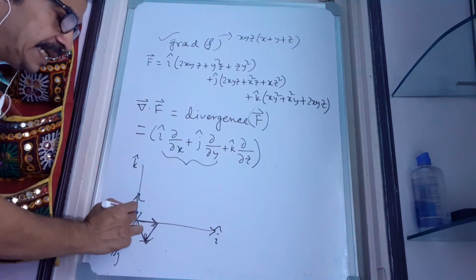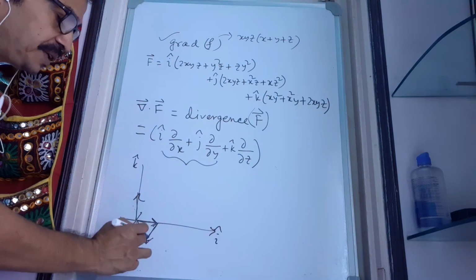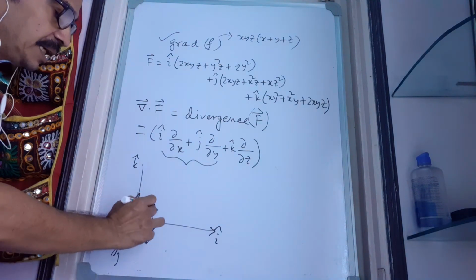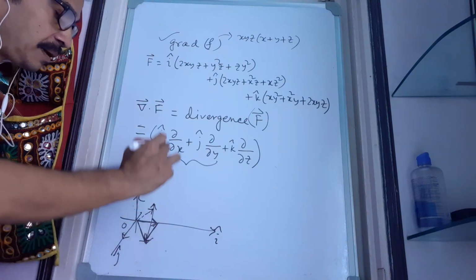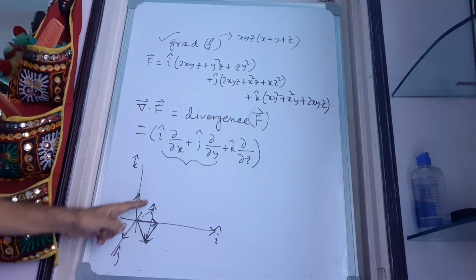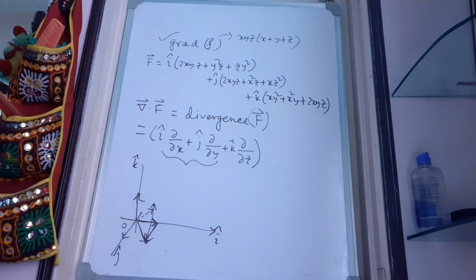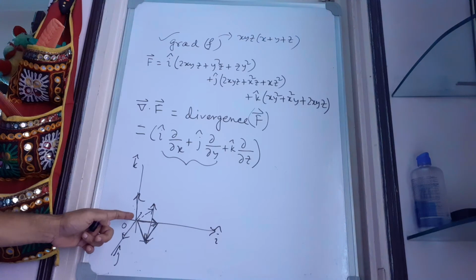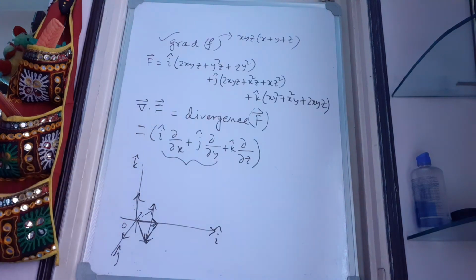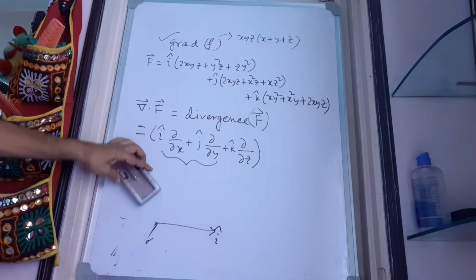Then we shift it this way and, applying the triangle law, we get the rate of change of growth rate from the origin along the required direction, which is the addition of all these three. This is the physical implication of the del operator.